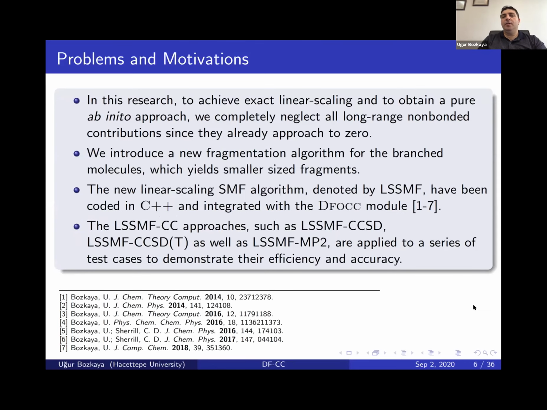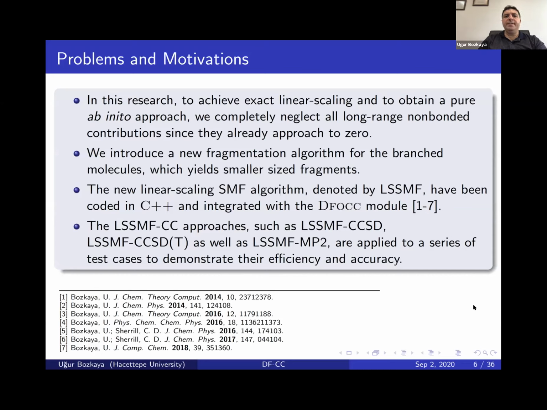So in this research, to achieve exact linear scaling and to obtain a pure ab initio approach, we completely neglect all long-range non-abundant contributions since they already approach zero. And we introduce a new fragmentation algorithm for the branched molecules, which yields smaller size fragments compared to the Collins algorithm.